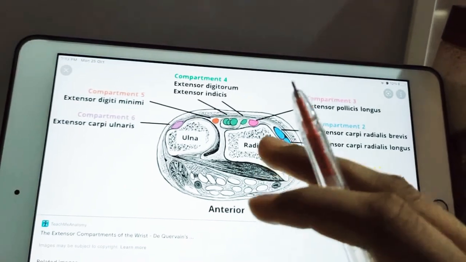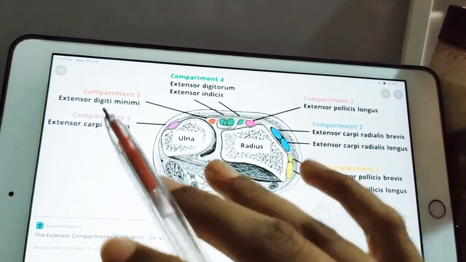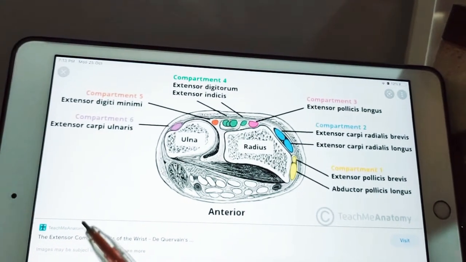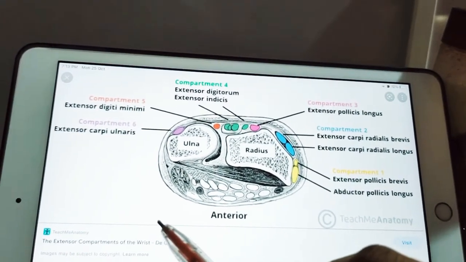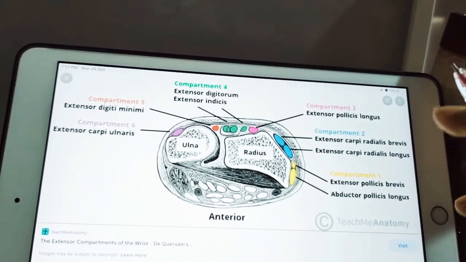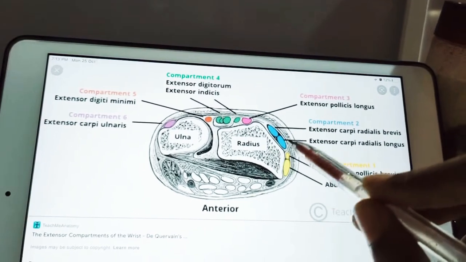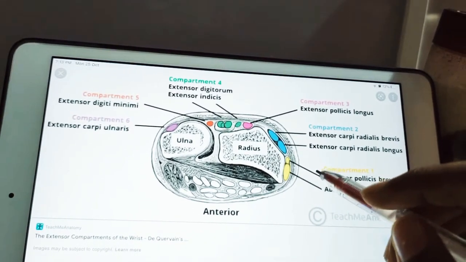Now let us see the compartments which are involved. There are a total of 6 compartments, okay? The retinaculum sends down septa which are attached to longitudinal ridges on the posterior surface of the lower end of the radius.